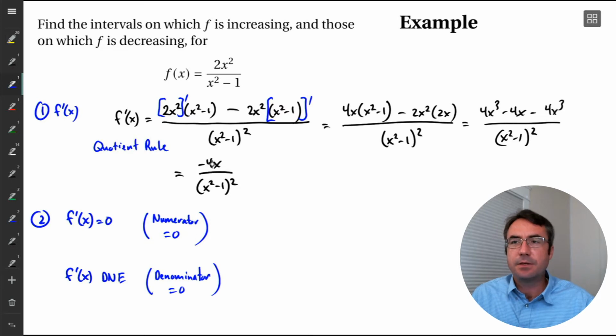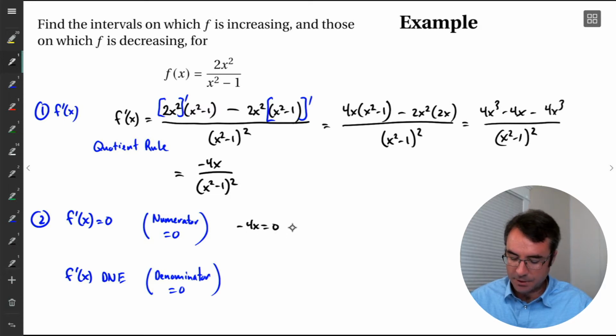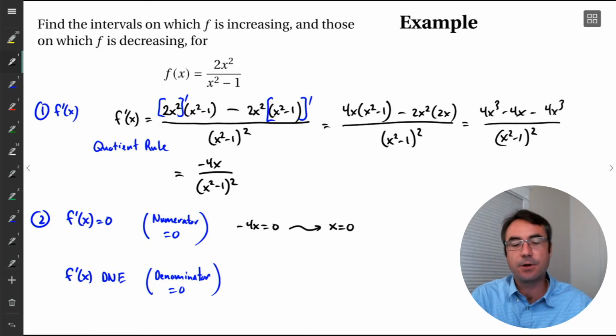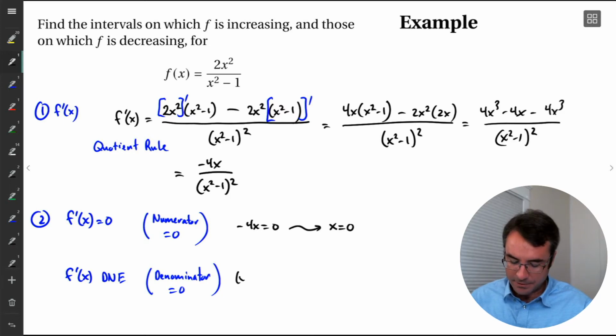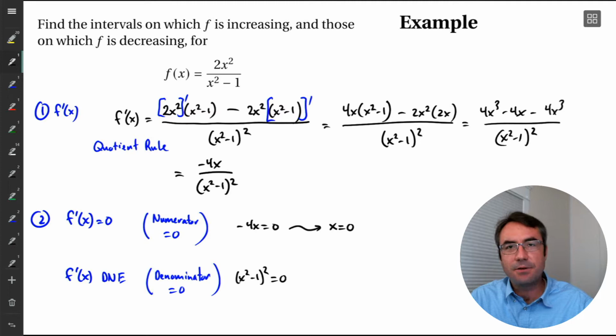All right, so let's take our numerator, and we're going to set that equal to 0. So negative 4x equal to 0. And then solving that for x, we get x is 0. And then for our denominator, we're going to set our denominator equal to 0. So x squared minus 1 squared is equal to 0. And well, we got to solve this.